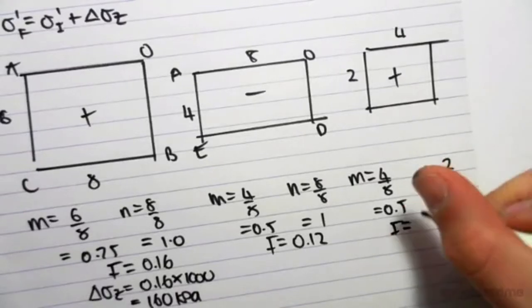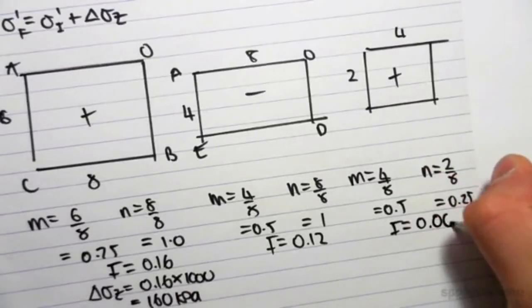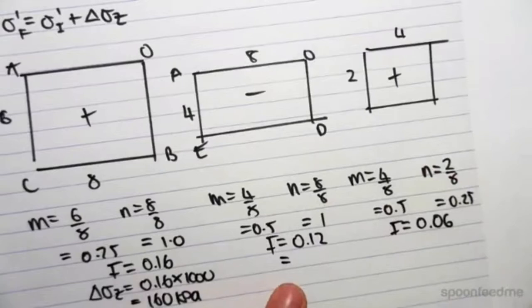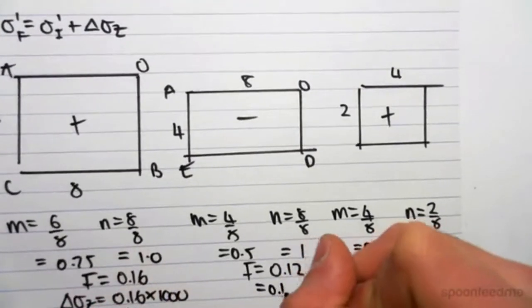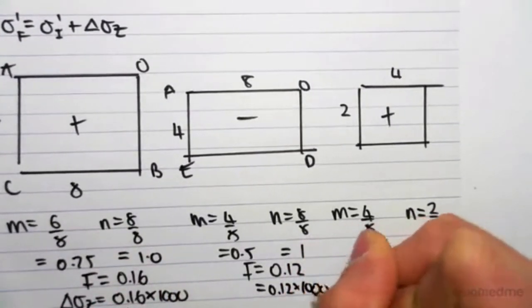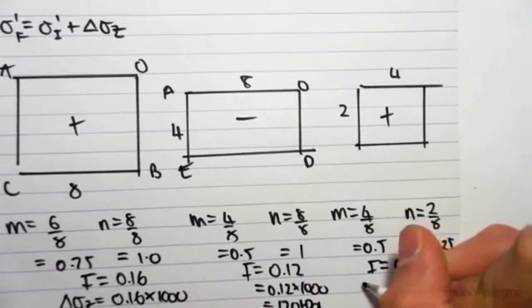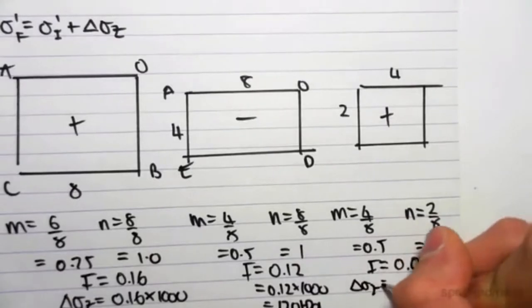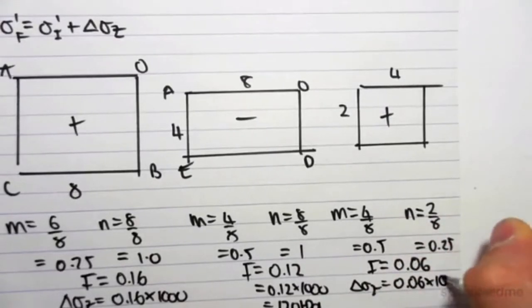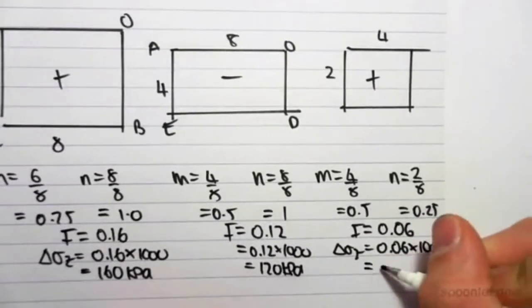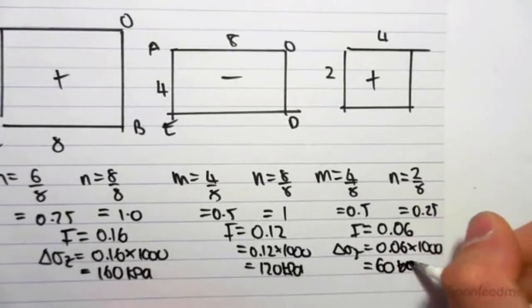We would then use our chart to find I, and we'd get 0.06. So from the previous I, we can find the change in stress is 0.12 times 1,000, which would be 120 kPa. This change in stress would be 0.06 times 1,000, which we would get as 60 kPa.